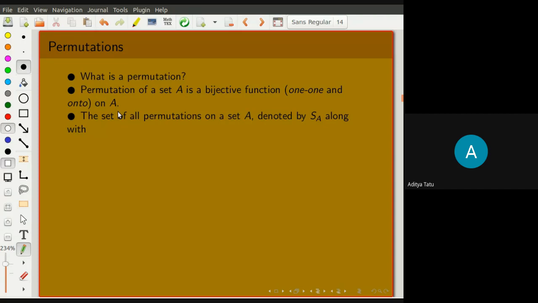If I consider all these bijections and try to make it into a group, what else is needed for a group apart from a set? An operation. What would that binary operation be? My set itself contains mappings, so the binary operation would be, as somebody just said, function composition.